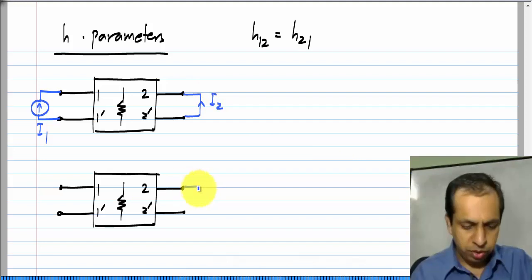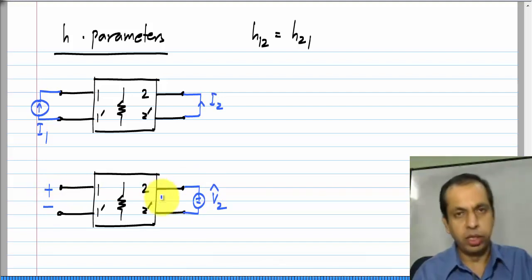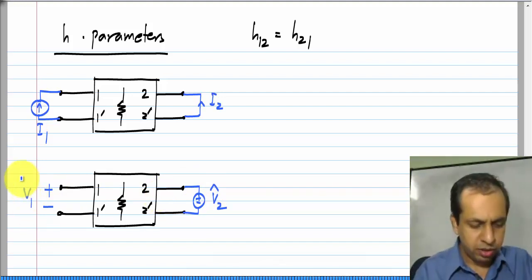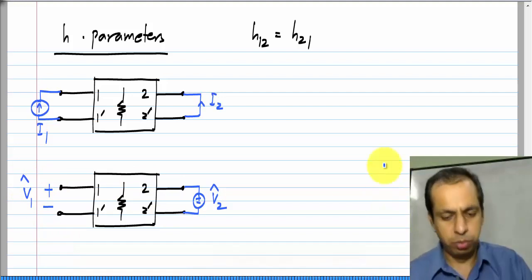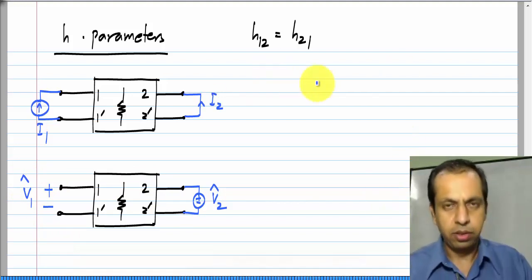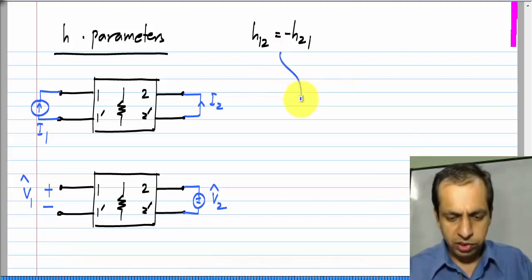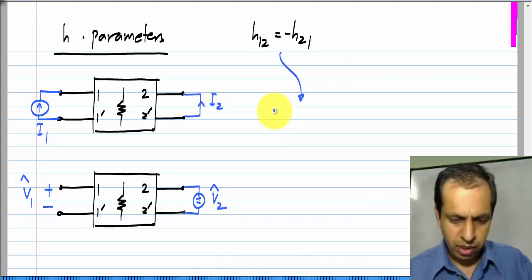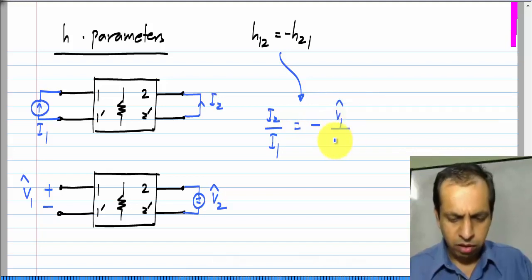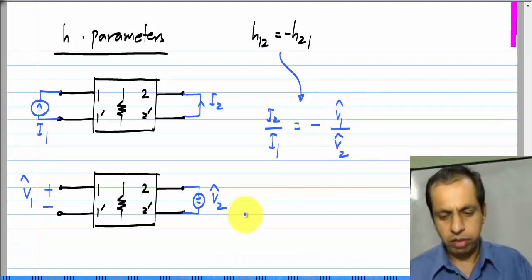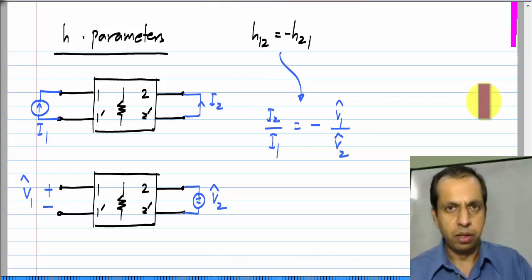And when you are measuring H12, you will apply a voltage to port 2 and have an open circuit across port 1 and measure the voltage across that open circuit. This of course implies that I2 by I1 equals minus V1 hat by V2 hat.